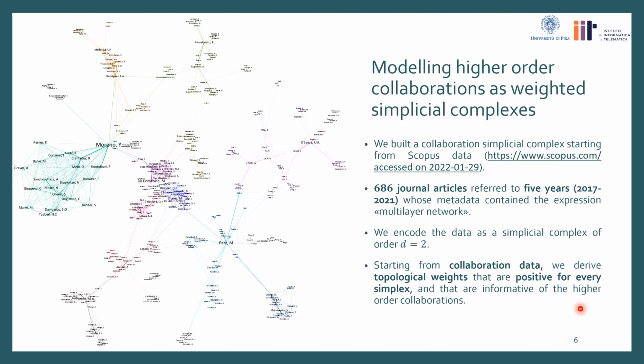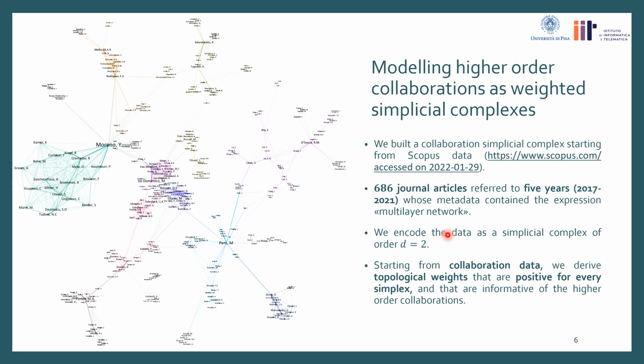In particular, we made our own data set referring to nearly 700 journal articles of 5 years in this period, whose metadata contain the expression multi-layered network. The data, based on the distribution of the number of authors for each paper, were encoded in a simplicial complex of order 2. So we included hyperedges, at most formed by 3 vertices, so triangles again.